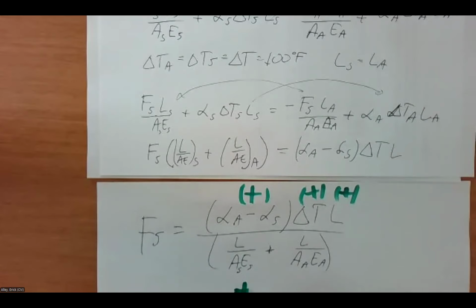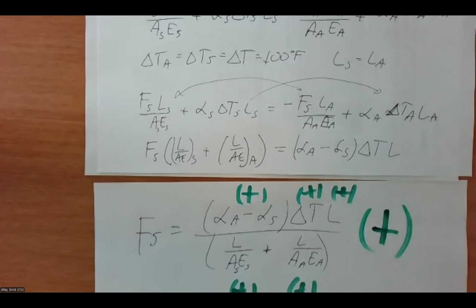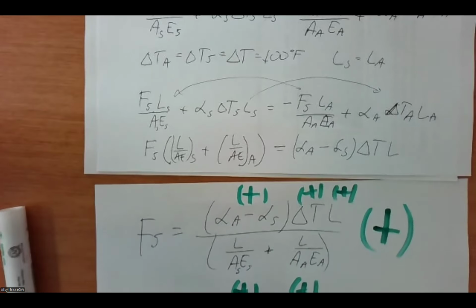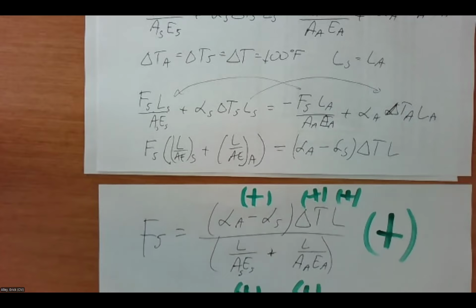And then everything down here, we can't have a material if there's negative area or negative modulus or negative length. So everything in here comes to a plus sign. That means my steel should be a tensile number. And remember F aluminum equals minus F of steel. So that one will have to come out as a negative number.